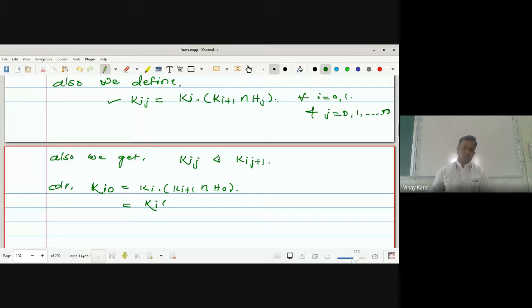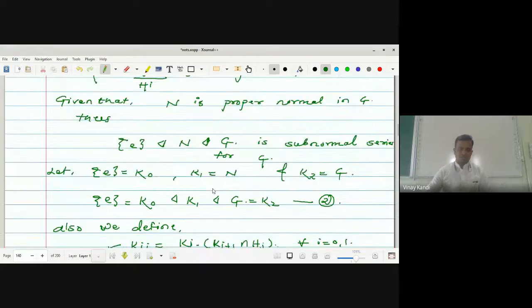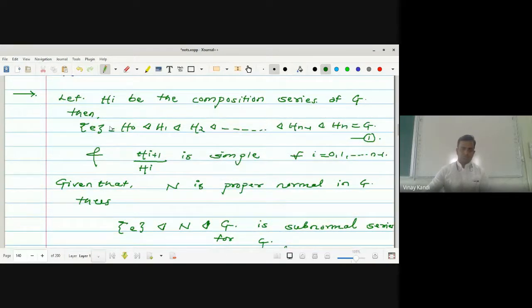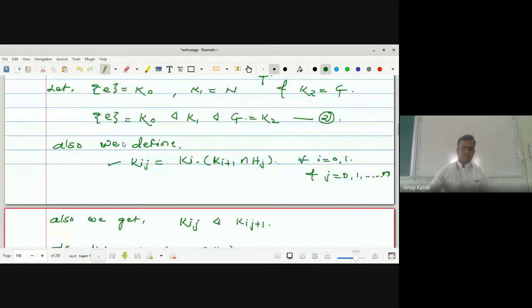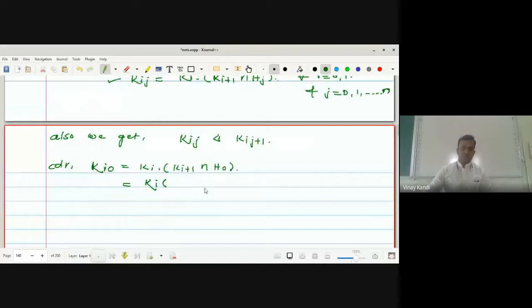What is H0? It's the singleton E, so singleton E intersection with Ki plus 1 is the singleton E, so Ki0 is equal to Ki.